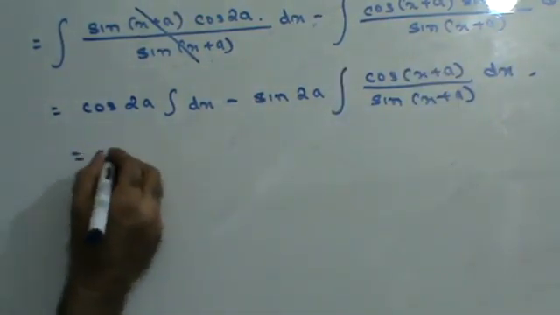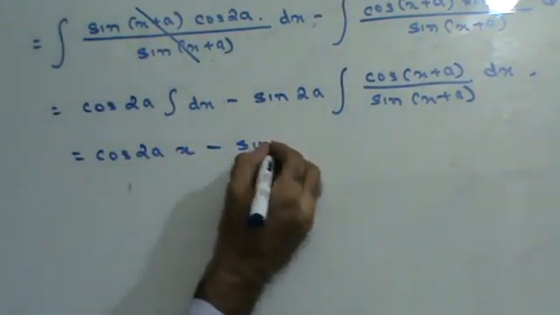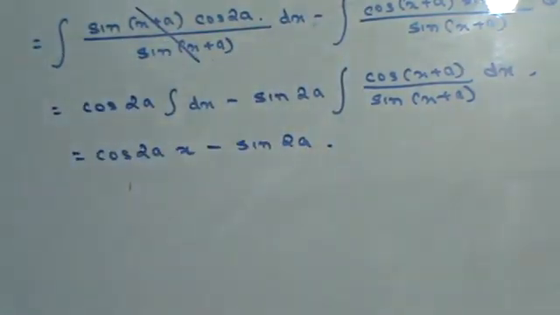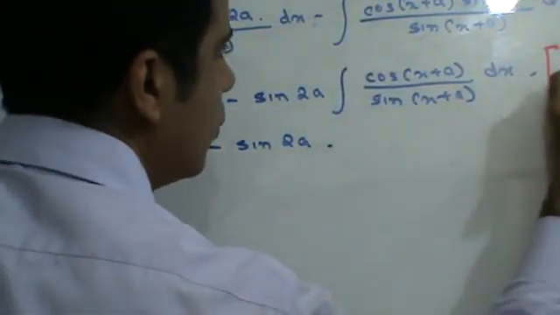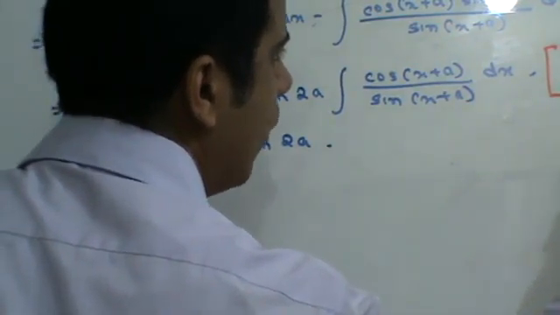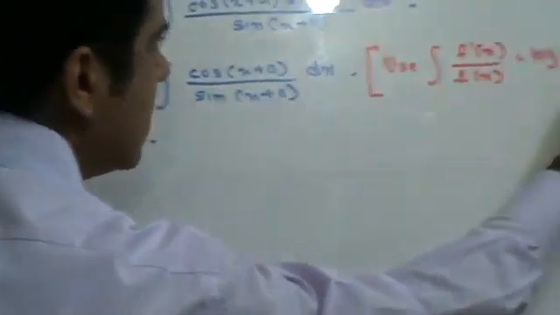This can be written as cos 2a integral of dx is nothing but x, minus sin 2a. The term in the numerator is the derivative of the term in the denominator. d by dx of sin x plus a is nothing but cos x plus a. So I could use the formula: integral of f dash of x upon f of x is log mod f of x plus c.